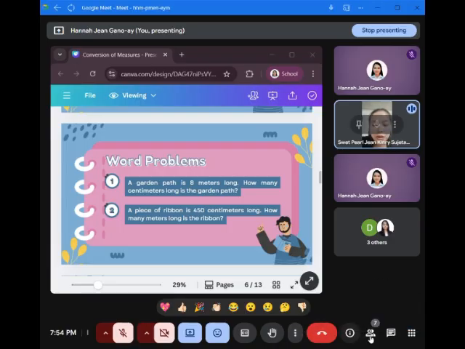In our metric ladder, for example, meters to centimeters, that goes down. So if you are converting down, you need to multiply by 100. If you are converting up, for example, centimeters to meters, it goes up, so you need to divide by 100. Did you get the explanation why you need to multiply by 100 and divide by 100?